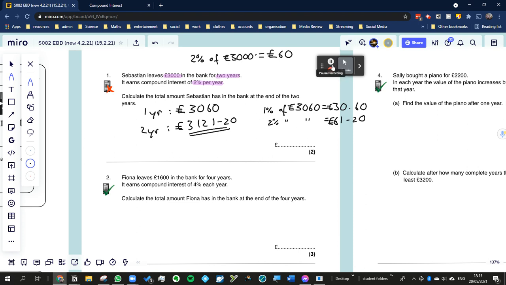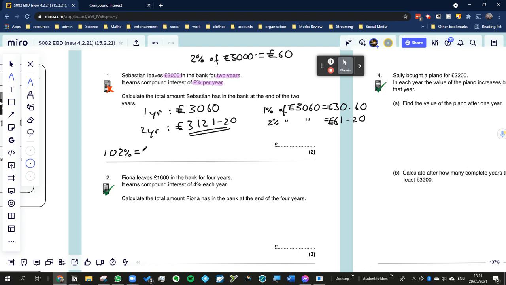So now that was with no calculator. Now, if I did have a calculator, I might have taken some shortcuts, because when I worked out a 2% increase, I worked out what 2% was, and then I added it to the original. But I can just go 102% is going to be equal to a 2% increase.